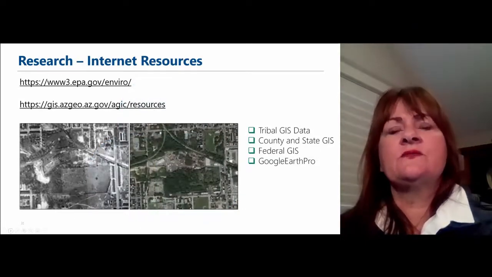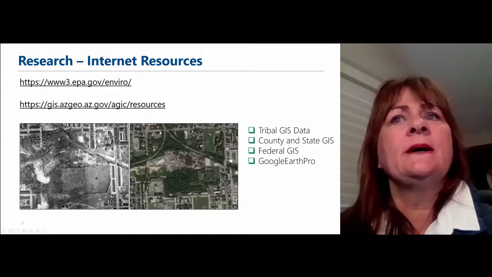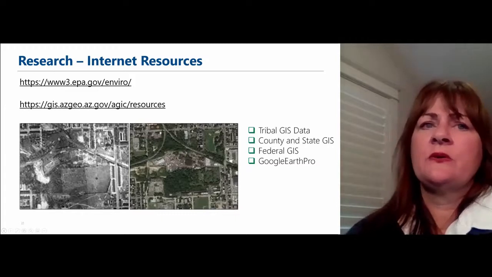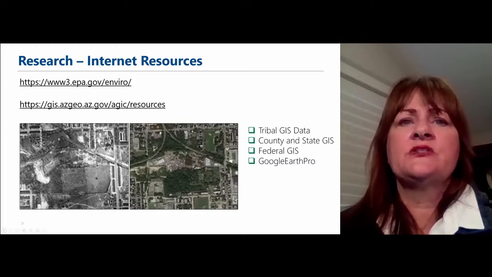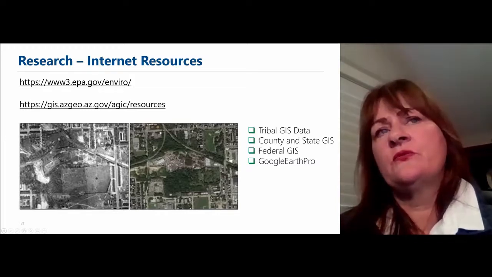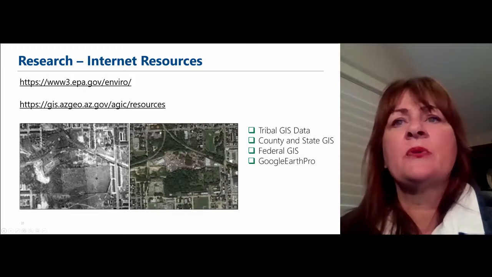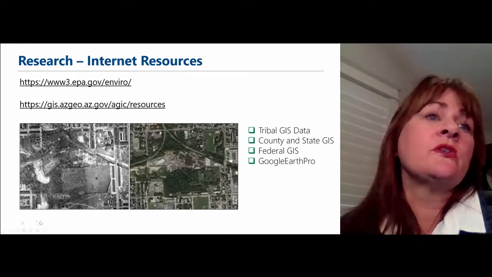Some of the internet resources, they're coming out with resources all of the time. Obviously, my first go-to, if I were a tribal land staff member, is to go to your GIS data. The better your GIS data, the better your research will be on potential findings from property, especially aerial views on properties. You can go to Google Earth Pro.